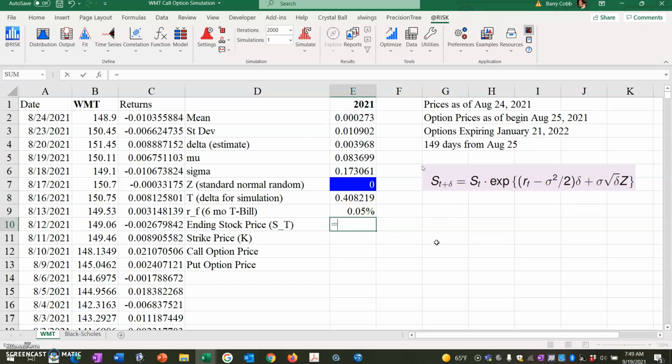It'll be the current stock price, which for Walmart is over here, 148.9, times the exponential function.